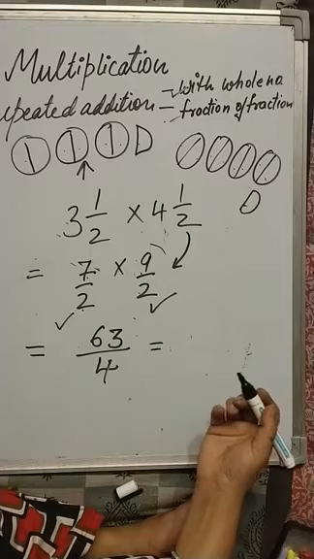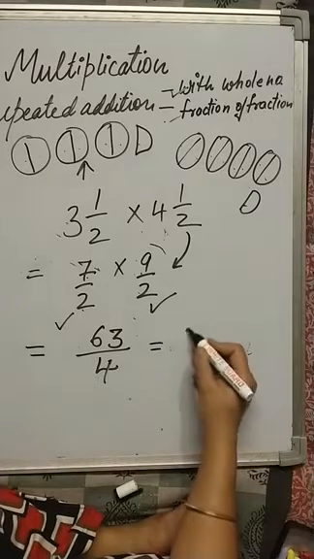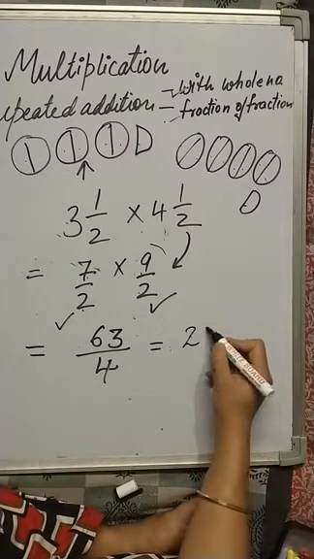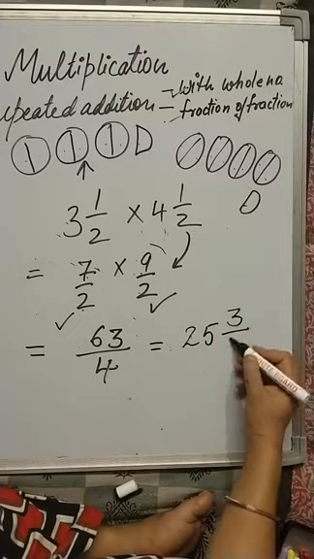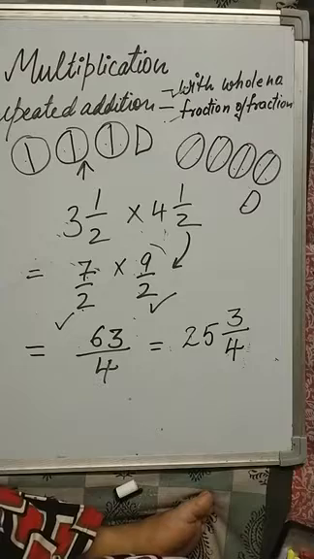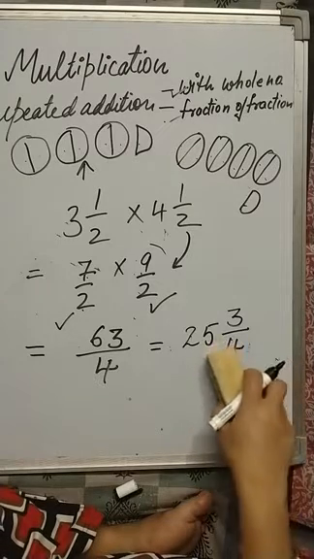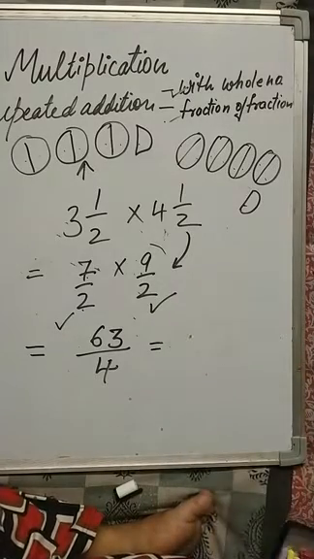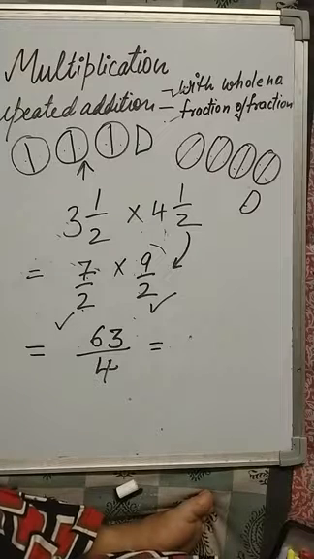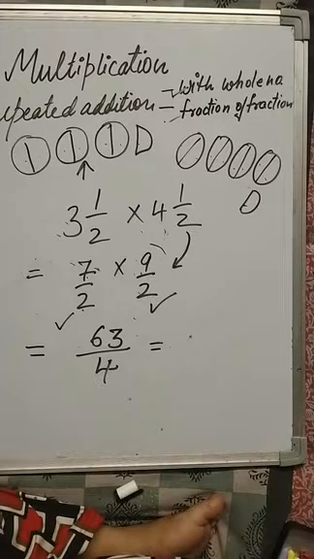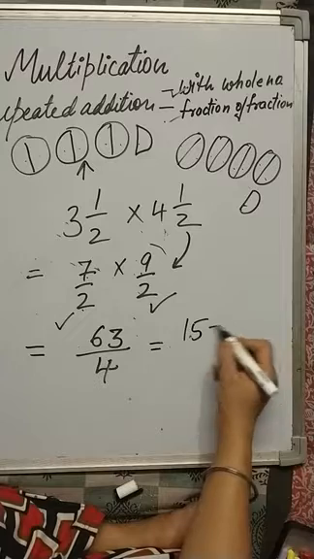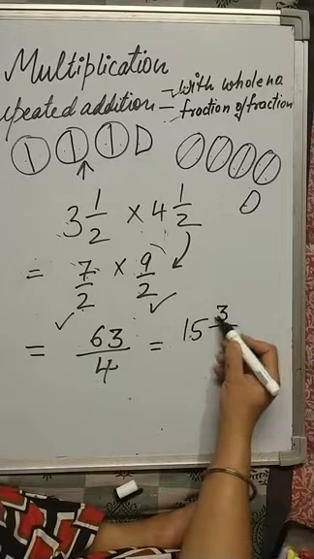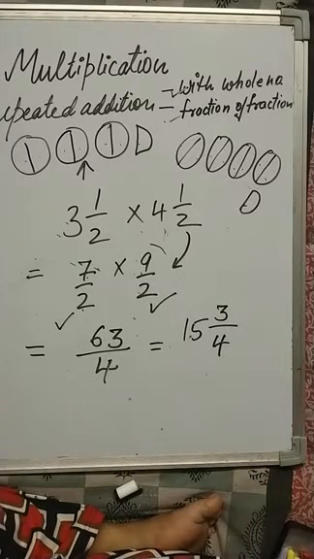You can simply read out the table. 63 fourths means 15 and 3 fourths.